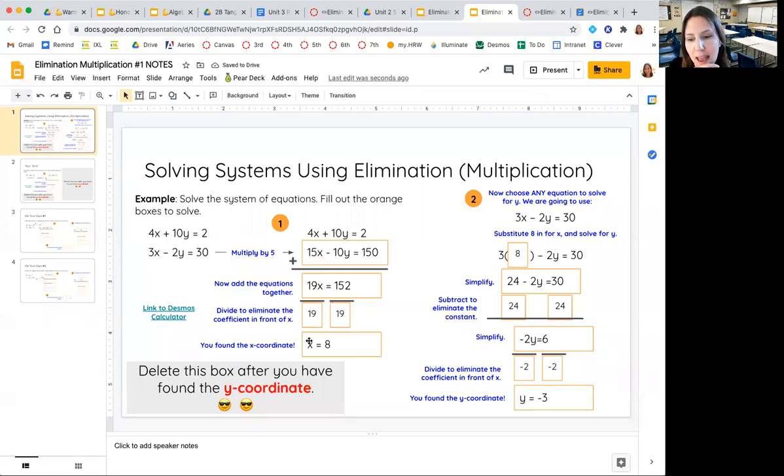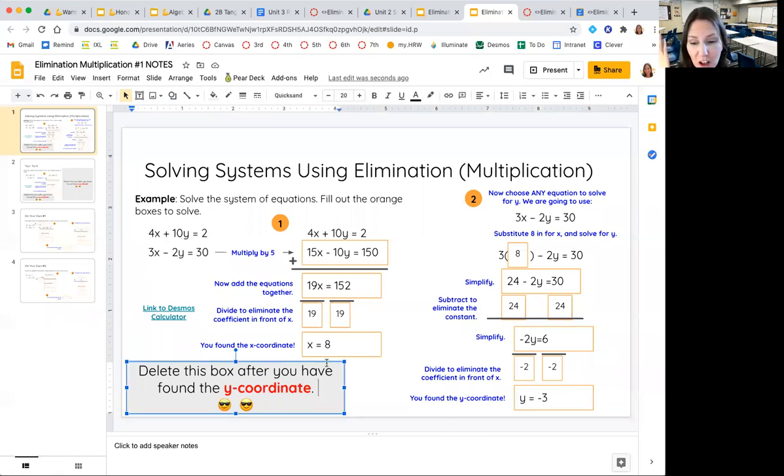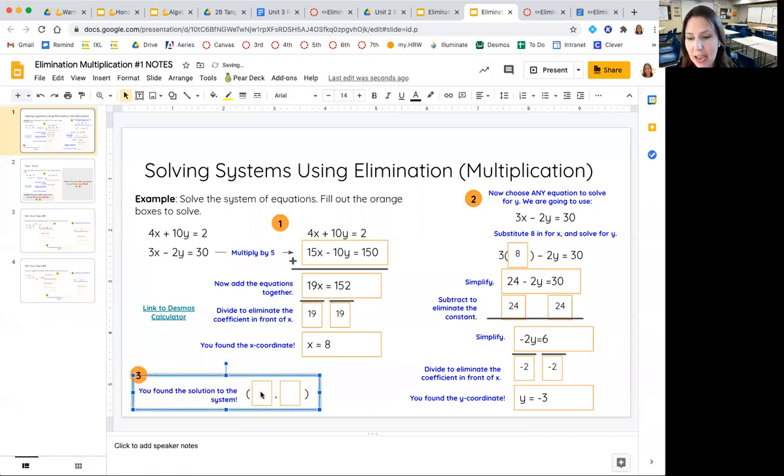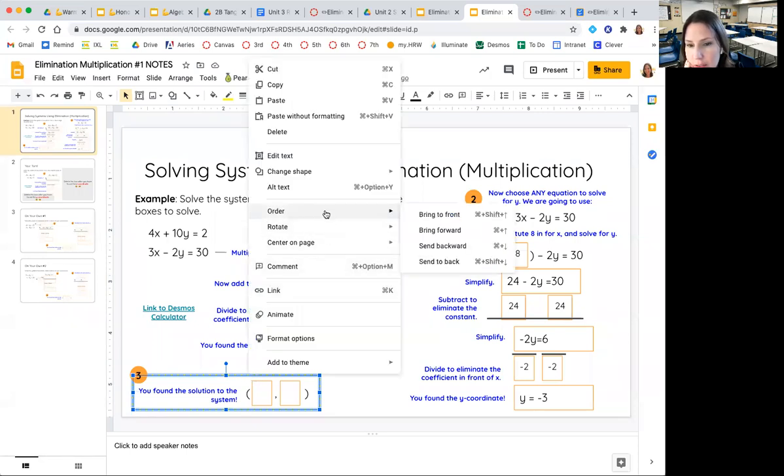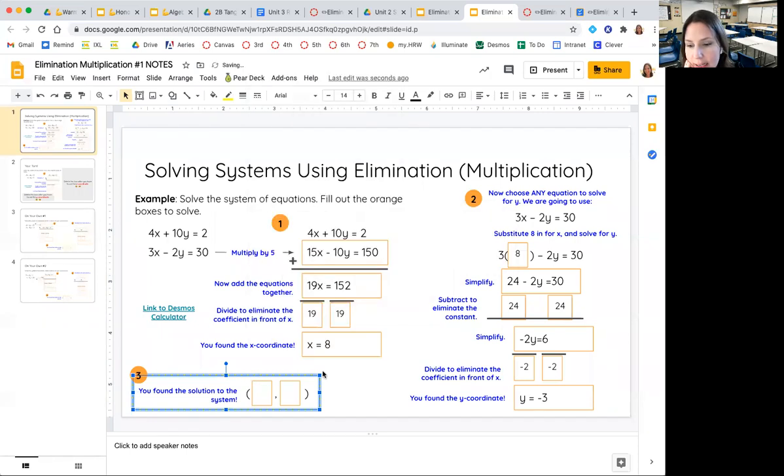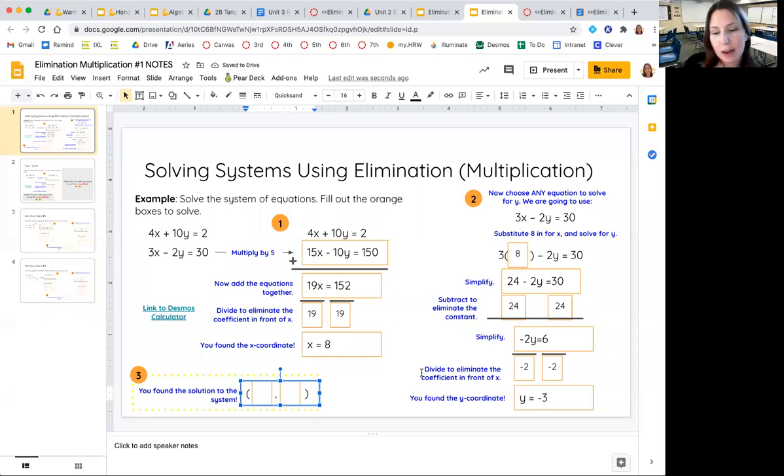So I have my x, I have my y. I am finished solving, so I can delete this last box and type in my answers. Remember, when we type our answer in, you'll want to type the x, then the y. I notice that my box is not letting me do that. So if we go to send to back, I thought I got everything layered right, but I apologize.